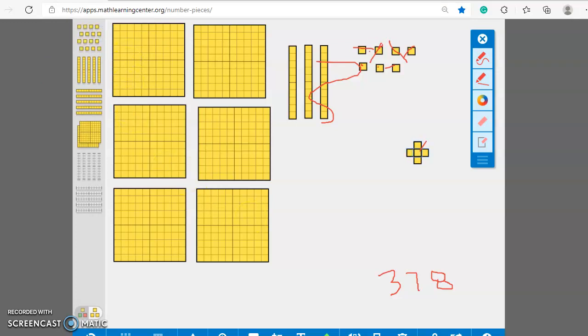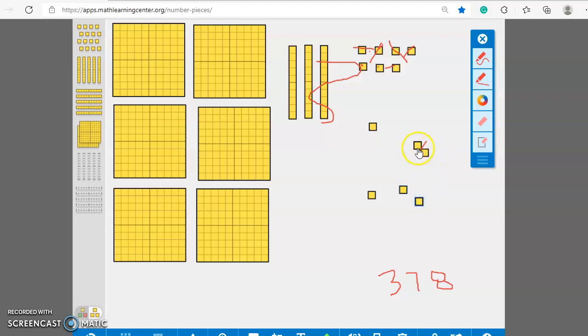Whoa, they're all building on top of each other. Do you know how many you grabbed? I grabbed 2. How many did you grab?